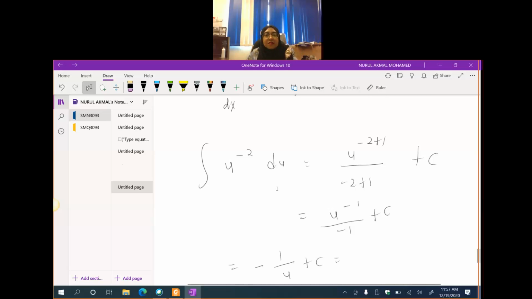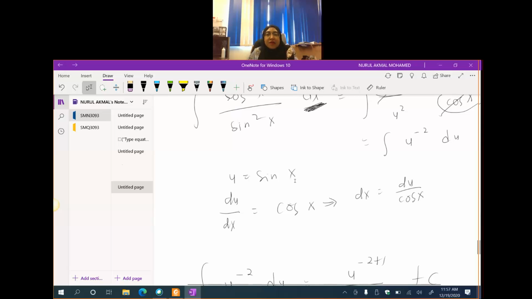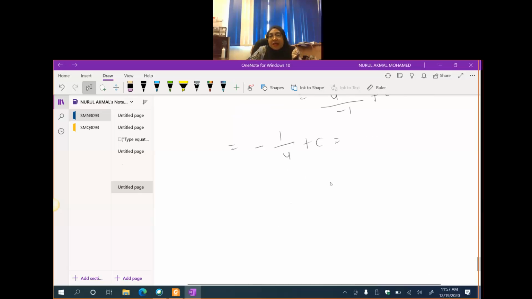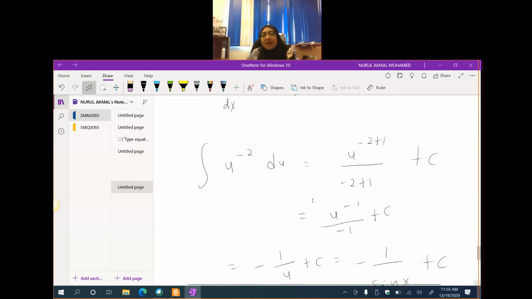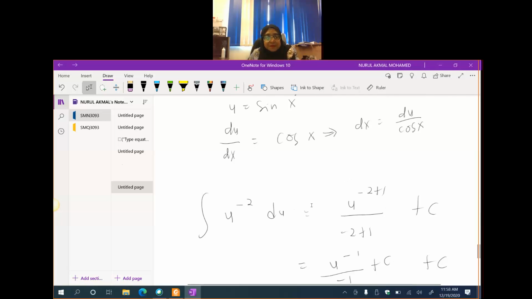Then you change everything back in terms of x. It will give you negative 1 over sine x plus c. So this is the exact solution that we get when we apply the substitution method.